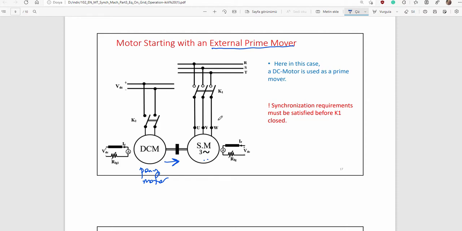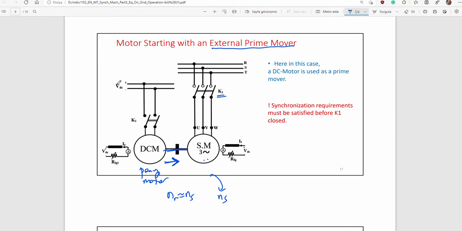When you switch on K1, there is a rotating magnetic field at the speed of ns, but the machine cannot lock up, cannot be synchronized. So to manage this, you increase shaft speed close to ns before switching K1 on.